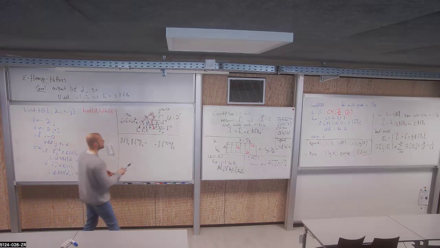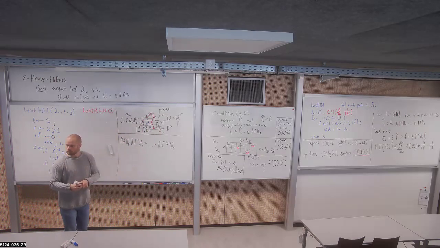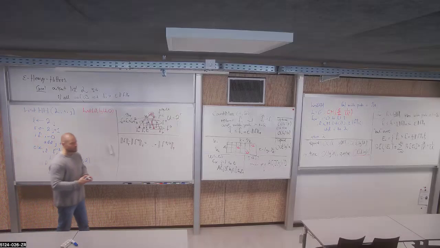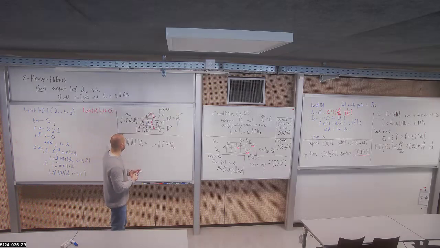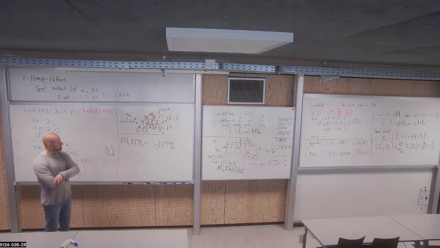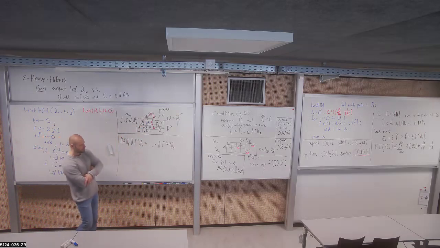The question is, how many of such nodes can there be in one level? Each and every one of them must have a frequency of at least epsilon times the one norm. So can we say something about an upper bound on how many?